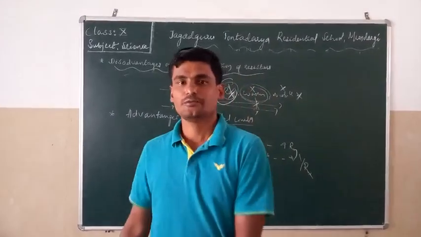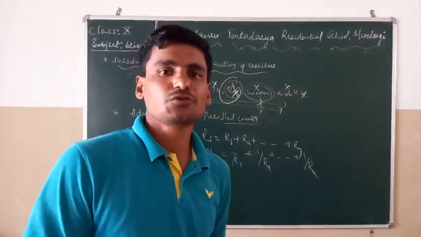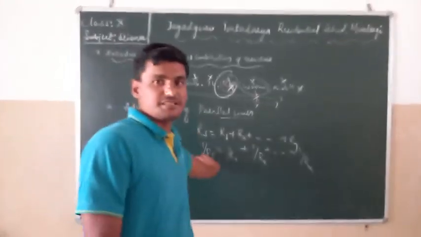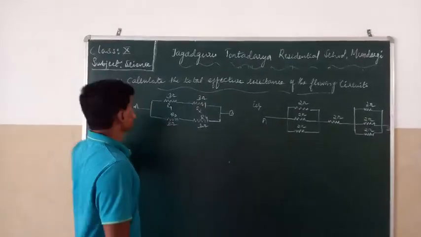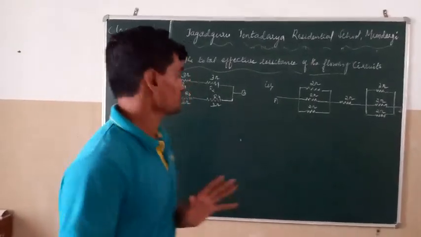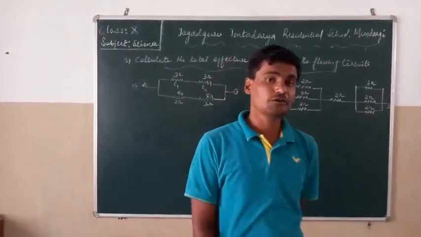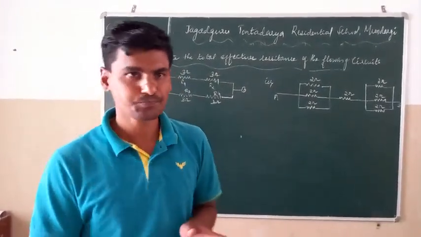Now I am going to solve some examples to calculate the total effective resistance if the resistors are connected in series and parallel combination. Okay, can we solve some more examples? So the first one: calculate the total effective resistance of the following circuit. Normally these are asked as 3 marks questions.